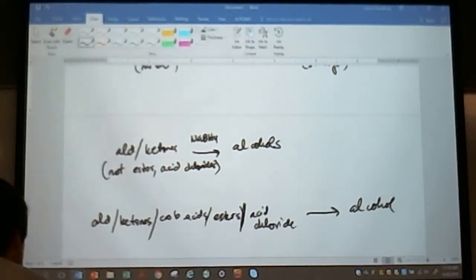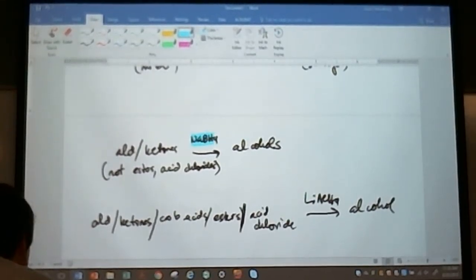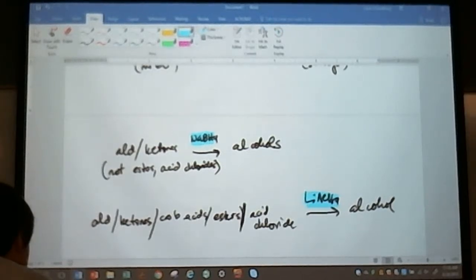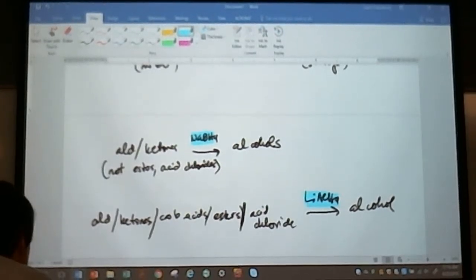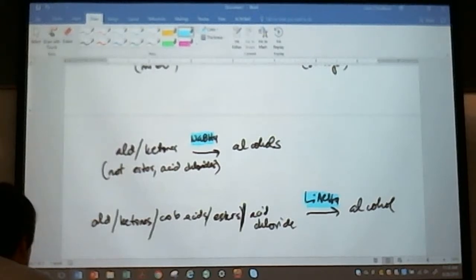So you just need to be somewhat cognizant of what these things do. And all of them add hydrogen and reduce the carbon double bond oxygen to a carbon single bond oxygen, an alcohol.